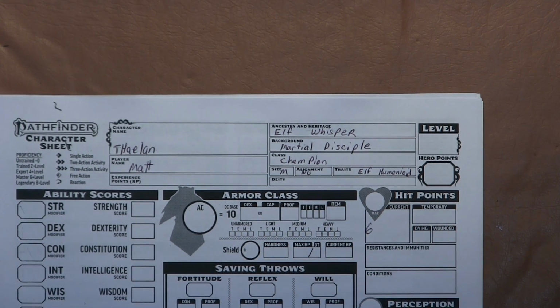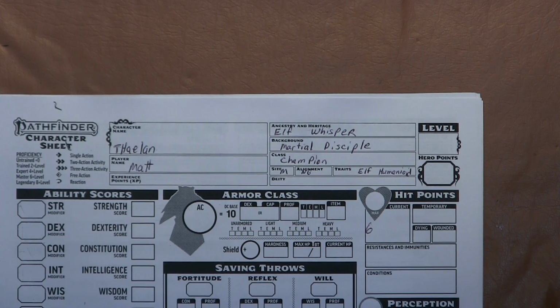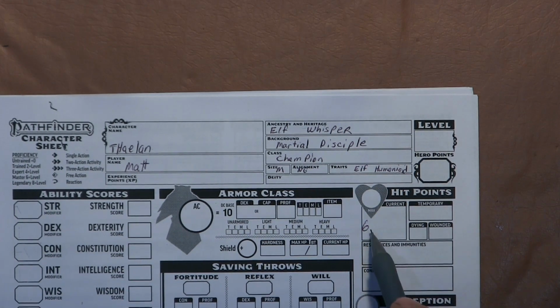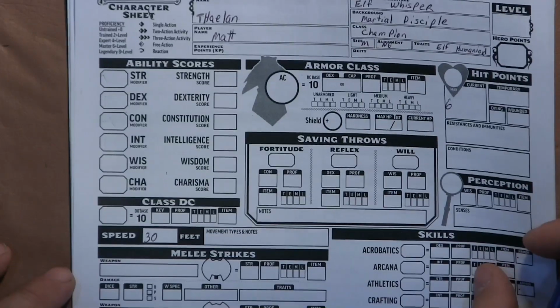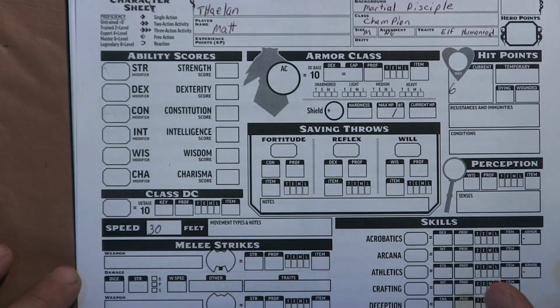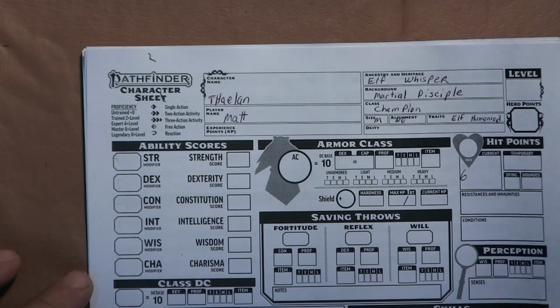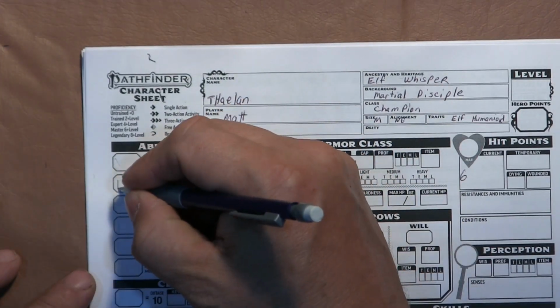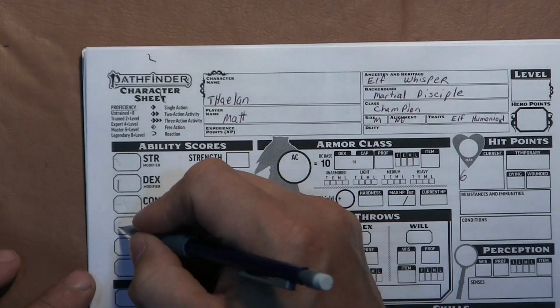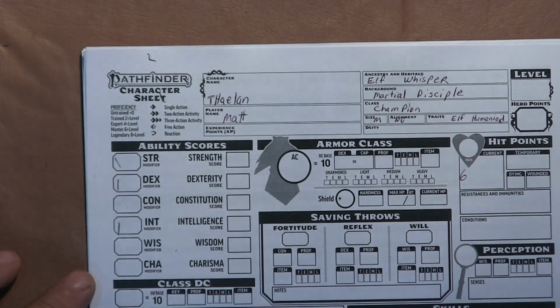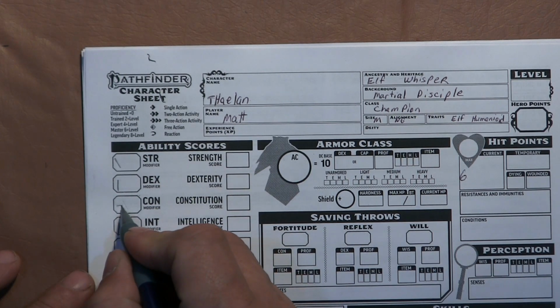So, starting off with the elf, which is on page 39, some things happen here. You have your ancestry, which is elf, which gives you 6 hit points as your base. It gives you a move of 30 feet, plus a boost in dexterity, intelligence, 1 free one, which is strength, and a flaw.